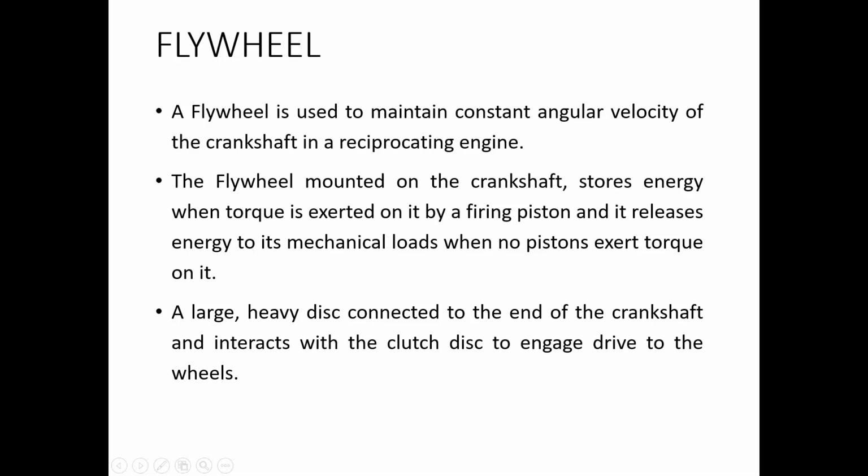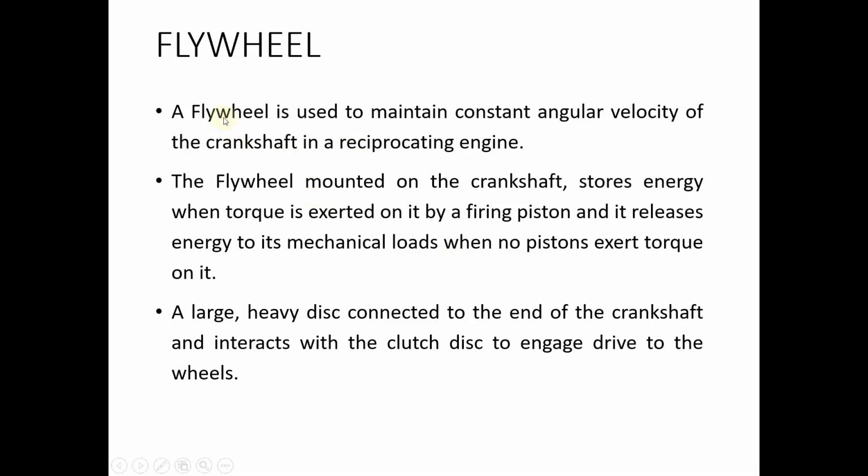Now the flywheel is used to maintain the constant angular velocity of the crankshaft. So how does it maintain a constant angular velocity? If the flywheel was not there, the velocity would have been maximum for the crankshaft during the power stroke, and there won't be much rotation during the other three strokes because there is no mass. So if there is no mass, then the crankshaft will not rotate when there is no power transmitted to the crankshaft.